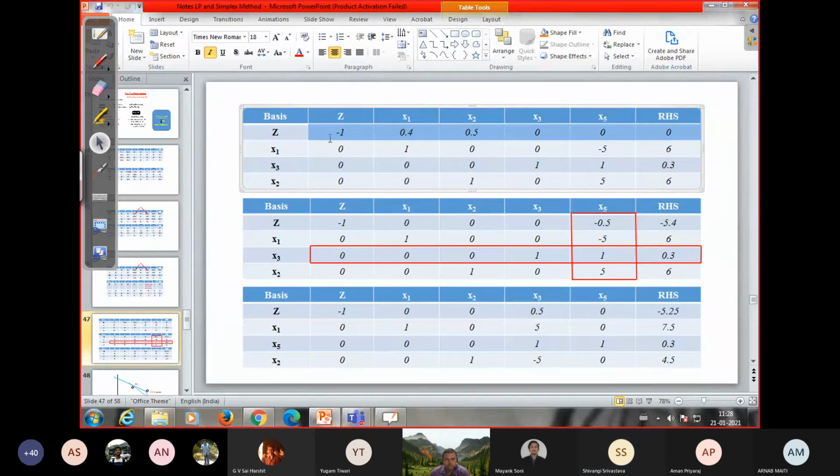It was originally minimization, so I have put it in maximization, so Z is -1 here, right? Now, why is this table not in proper format? Because the coefficients of the basic variables should be 0. So first we need to make the coefficients of x1 and x2 0, because they're not 0 in the first table. Okay. How will you make that 0?